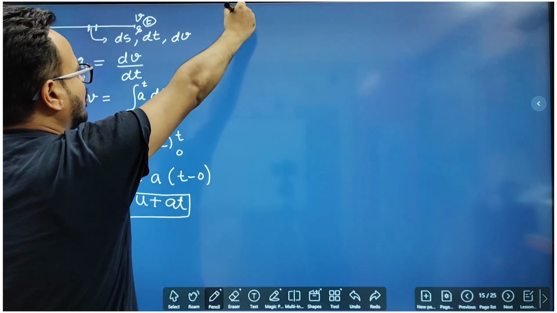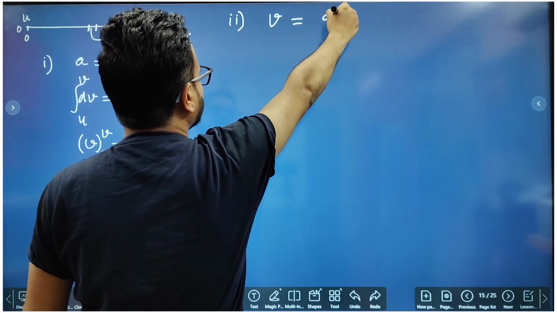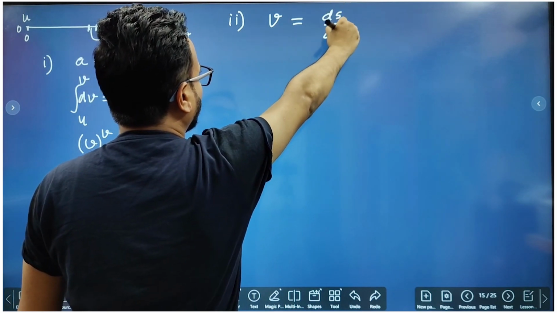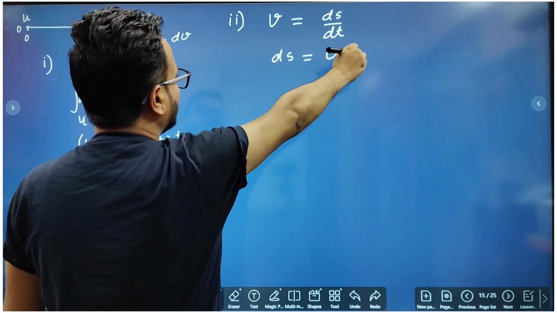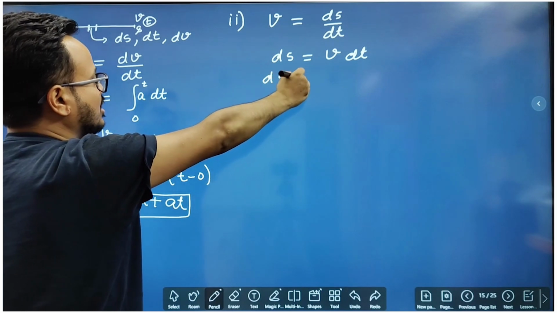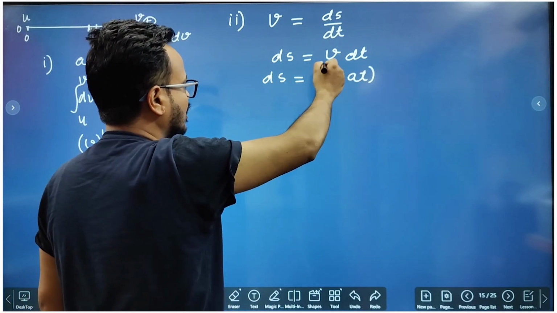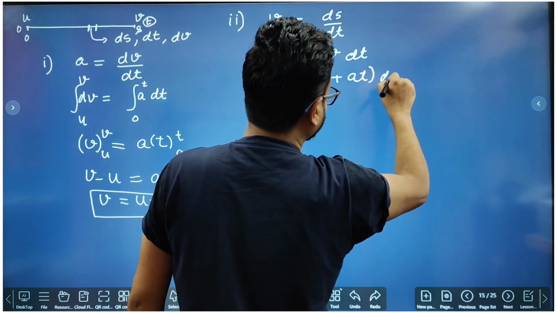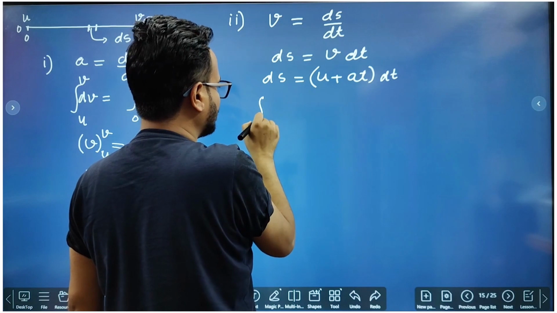Second equation. For second equation, we are going to use this concept that v is ds by dt, or we can write ds equal to v into dt, or ds equal to u plus at into dt. Now integrate both sides.